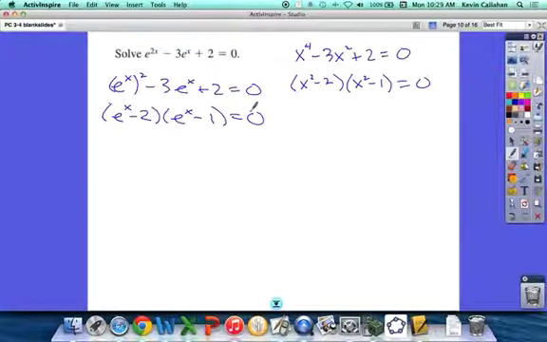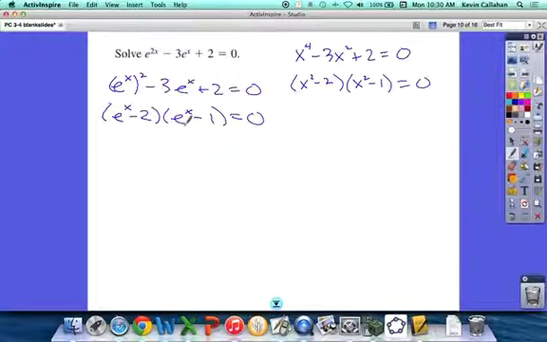Right, the same kind of thinking you do with a quadratic. What are the factors of 2 that add up to -3? Right, that's where these two numbers come from, the -2 and the -1. And then the first term is e to the x, e to the x. When you factor, you should be able to FOIL and get back to where you were.